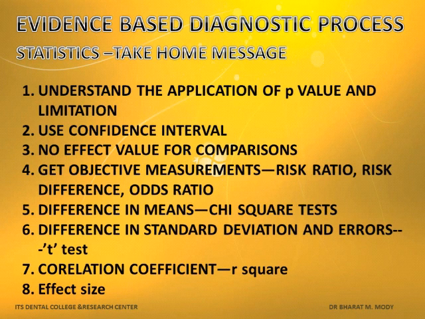So all these different statistics tell you that yes, this particular article, whatever results have been projected, are good enough and can be utilized for your patient or for your research. This is the statistical importance, and you should go into statistics. You need not do the statistics yourself.